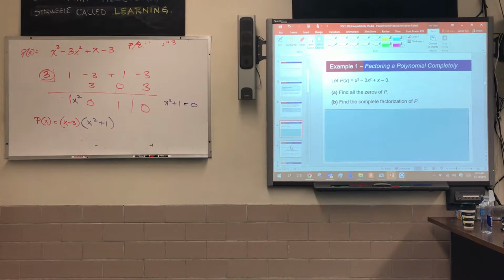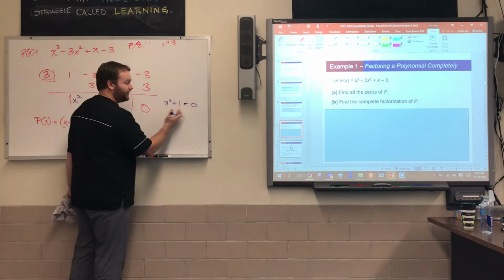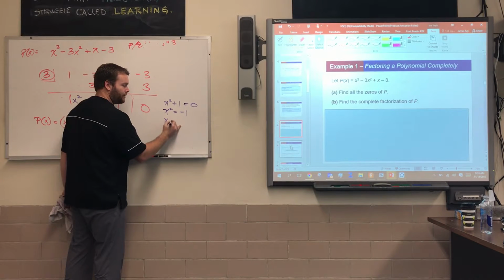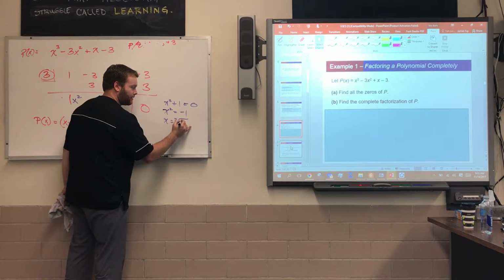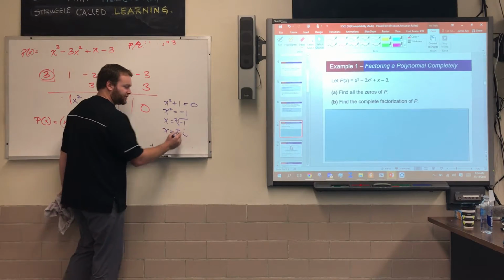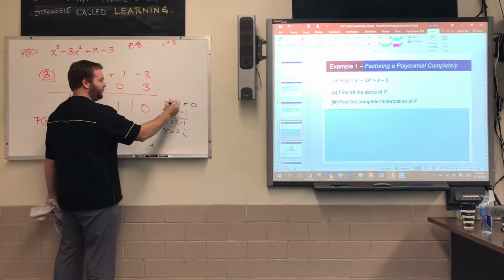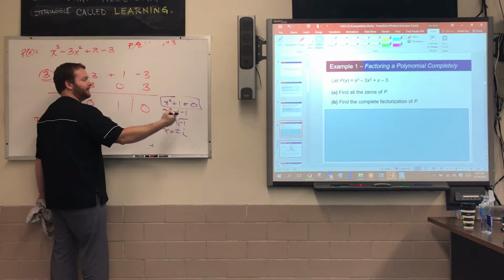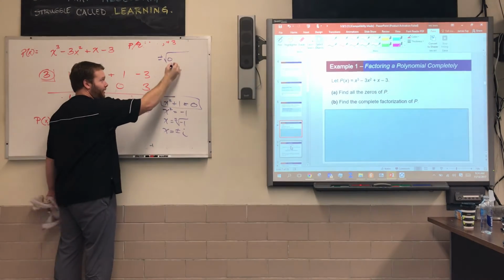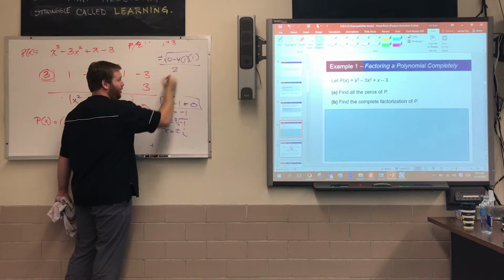A couple of different ways you can do this. You can use the quadratic formula, or because there's no linear term here, you can just do this. So x equals plus or minus just i, right? If you use the quadratic formula with this, you would go opposite of b, so 0, plus or minus the square root of b squared, which would be 0, minus 4ac, all over 2a.